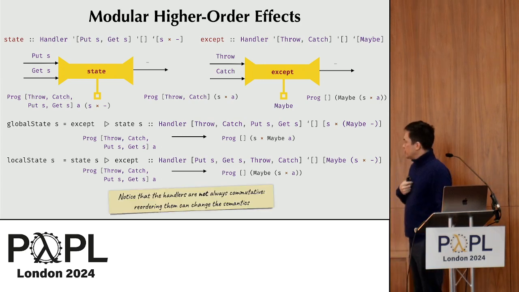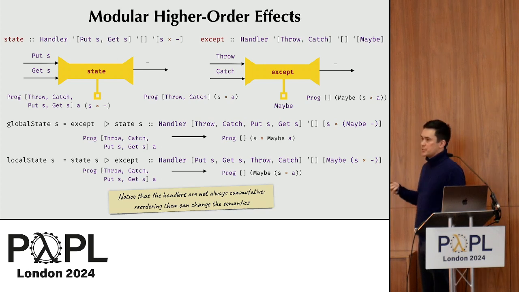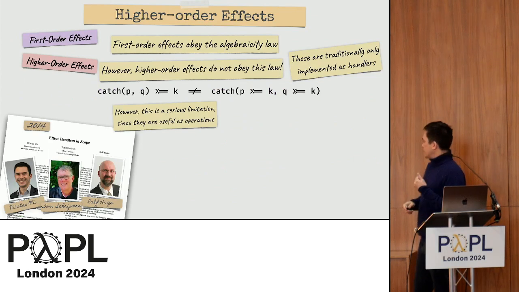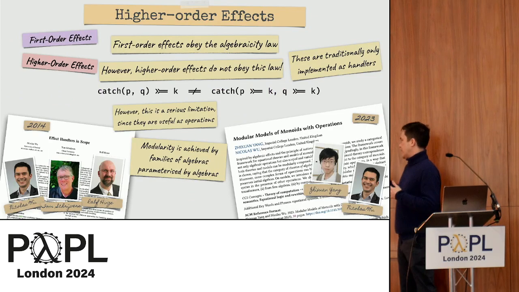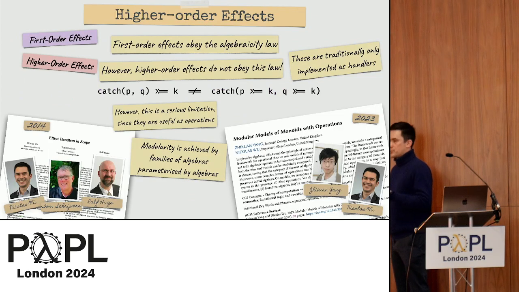Okay, so notice that the handlers are not always commutative, and reordering them can have a change in semantics. And this has something to do with the interplay between the algebraic laws, but also it makes the higher order theory very difficult to deal with. So we dealt with this using what we call families of algebras parameterized by algebras.